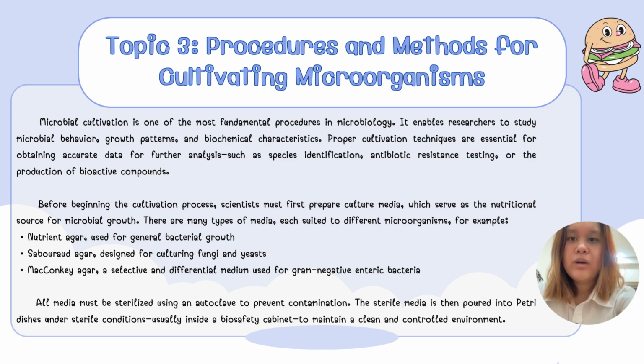For example, nutrient agar is used for general bacterial growth, Sabouraud agar is designed for culturing fungi and yeast, and MacConkey agar is a selective and differential media used for gram-negative enteric bacteria. All media must be sterilized using an autoclave to prevent contamination.